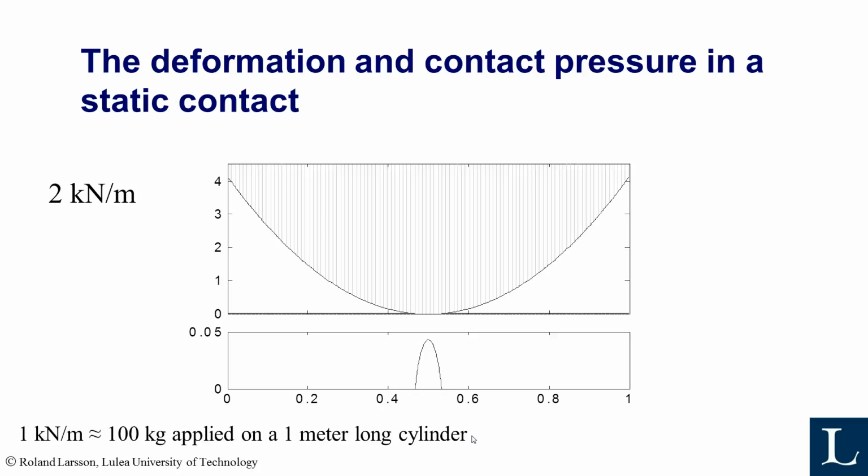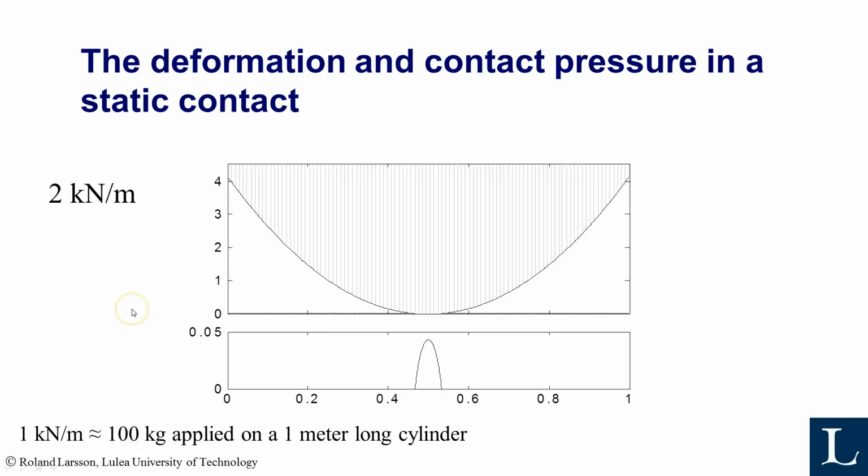Let's think about a cylinder in contact with a flat surface. If we apply a load, in this case 2 kilonewtons per meter, just think about 2 kilonewtons per meter, that's the same as applying 100 kilogram over a 1 meter long cylinder.